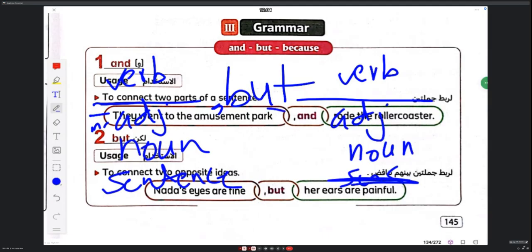So it joins sentences or other words: verbs, adjectives, adverbs, or nouns.